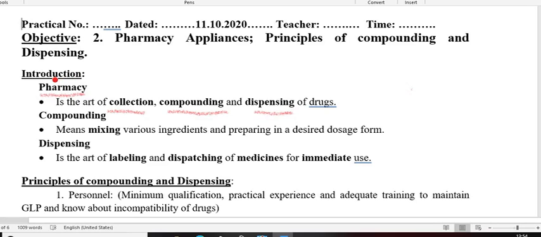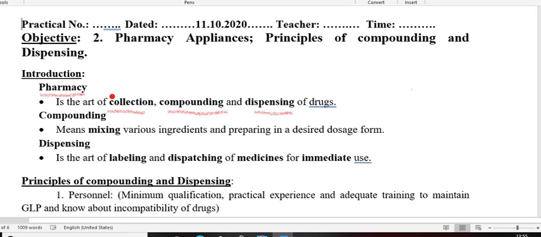So pharmacy is the branch of science, or you can say the art of collection, compounding, and dispensing. Now we have to discuss one by one every term that is coming under the definition of pharmacy.